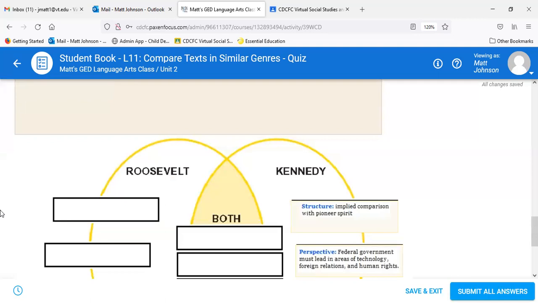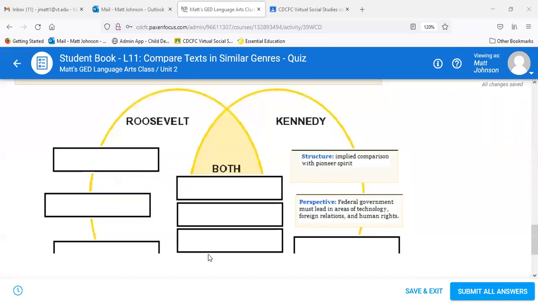You have to think about the time frame. Roosevelt is getting elected during the Great Depression. Kennedy is getting elected amidst the Cold War, where the United States is one of basically two superpowers and, at the time, one of the most influential countries in the world. So that's going to be Kennedy.